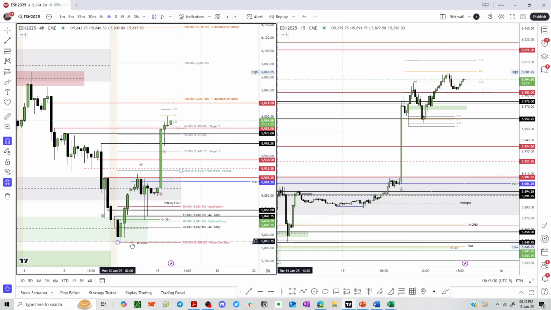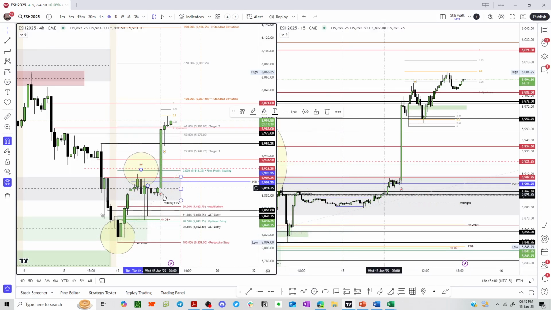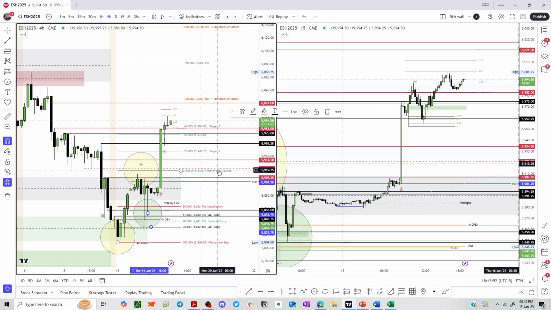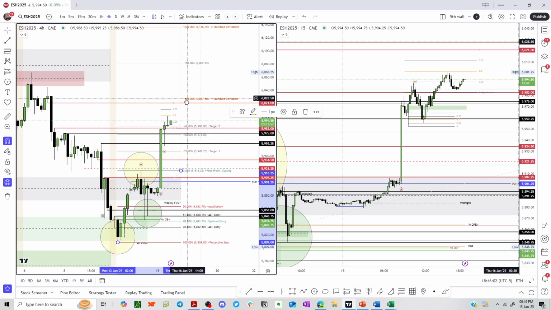All right, so we have this low and this high here, and then we have this entry here. So this would be first profit, first target, second target, and it didn't get to 1 standard deviation of this range yet.